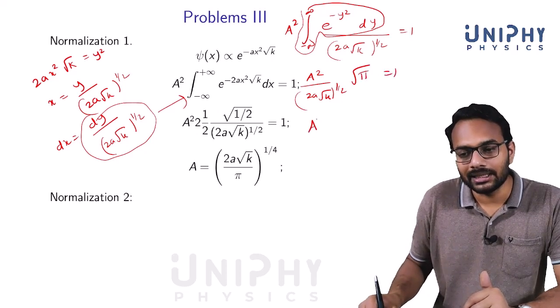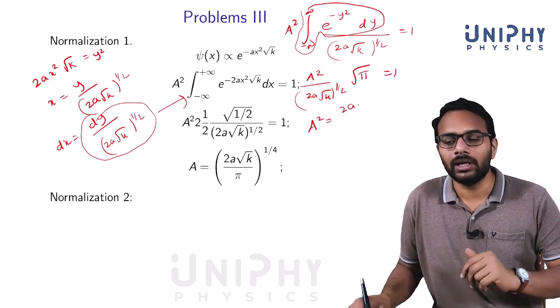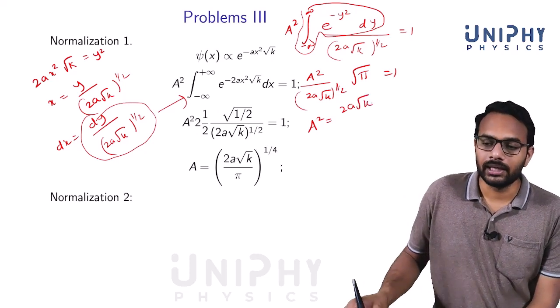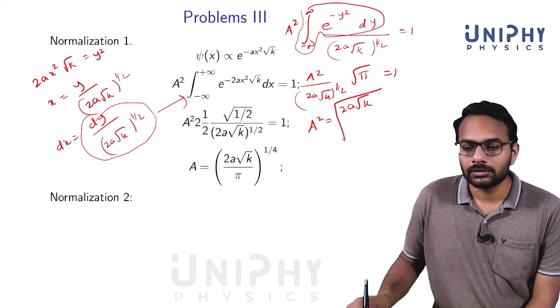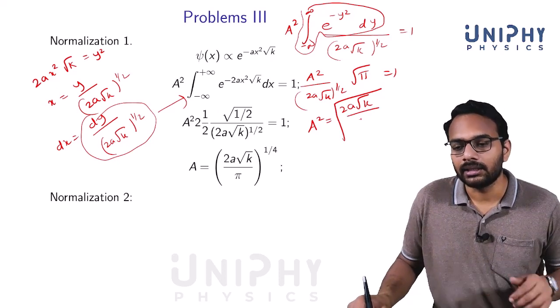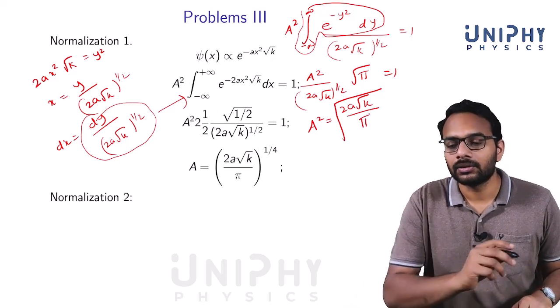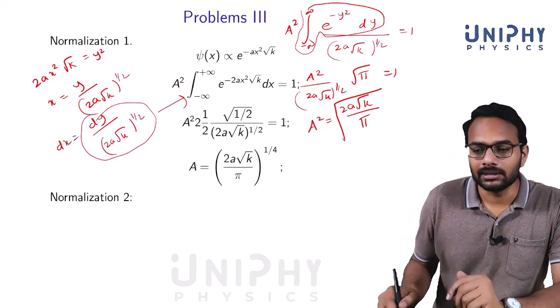This means that A squared is equal to 2a square root of k, whole raised to 1 by 2, and maybe we can put it all inside the root, divided by pi. So that's the answer.